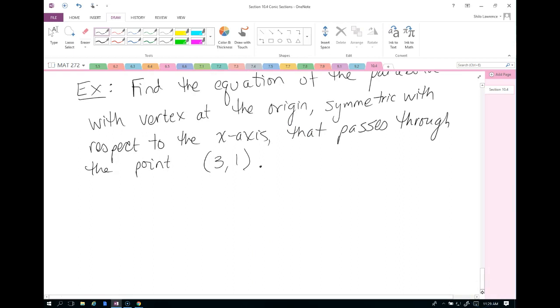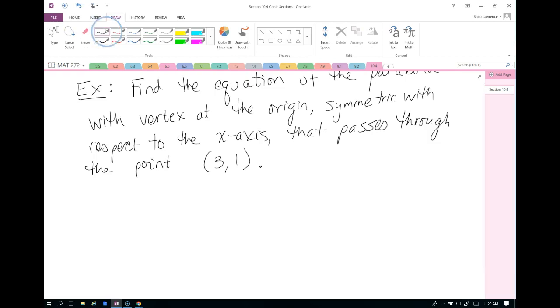We want the equation of the parabola with vertex at the origin. It's got to be symmetric with respect to the x-axis, and it passes through the point (3, 1).